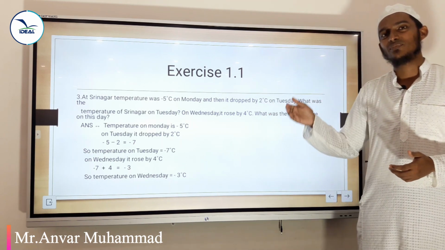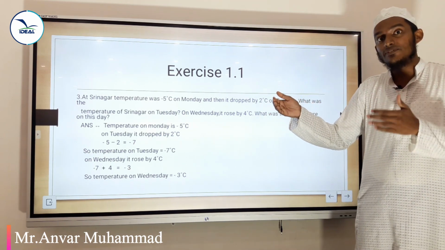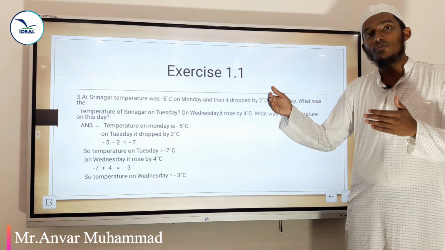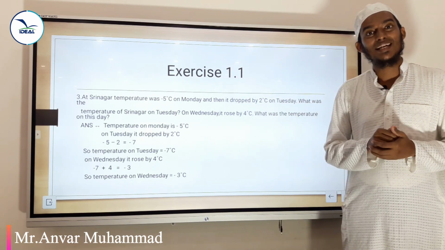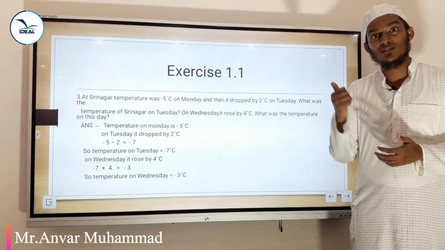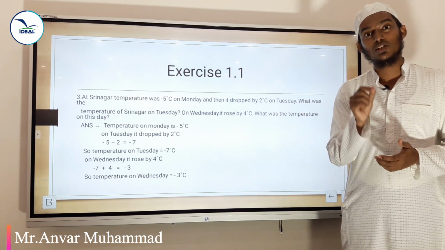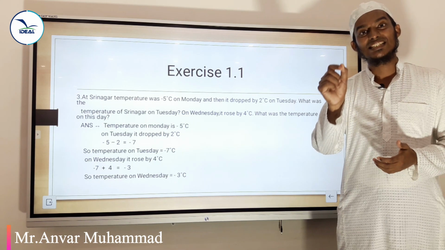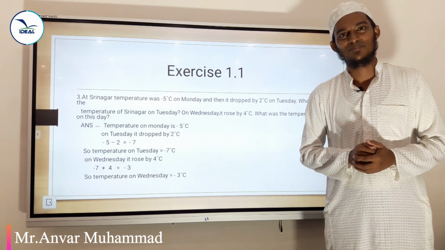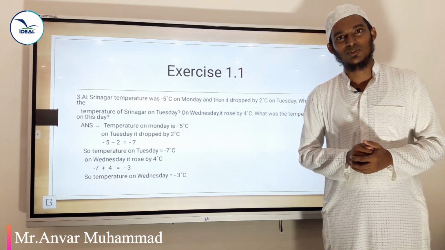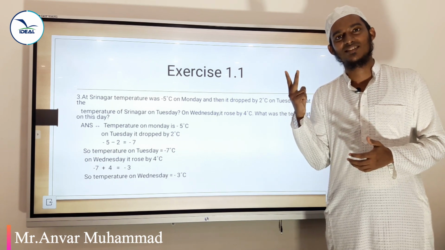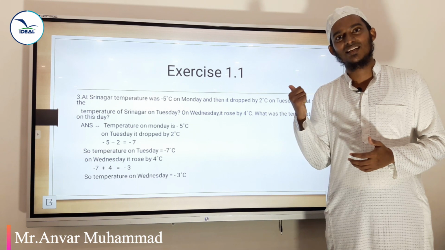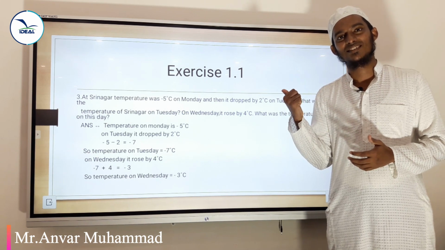So when we move from minus 5, 2 places to the left, the answer is minus 7. So the temperature on Tuesday is minus 7 degrees Celsius. I hope it's clear to you. Just go through it, take 2 seconds, make it clear, try to understand.